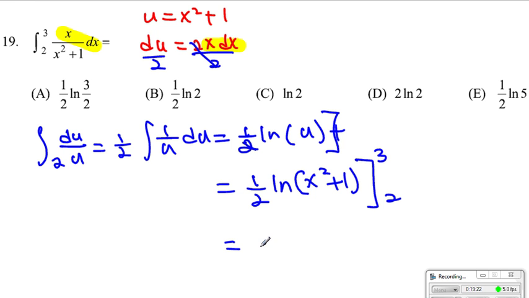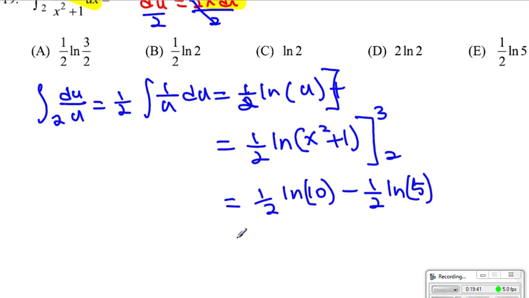So once we plug in 3, we end up getting 1/2 ln of 10 minus 1/2 ln of 5 when you plug in 2. If you have to simplify this further, 1/2 is common.